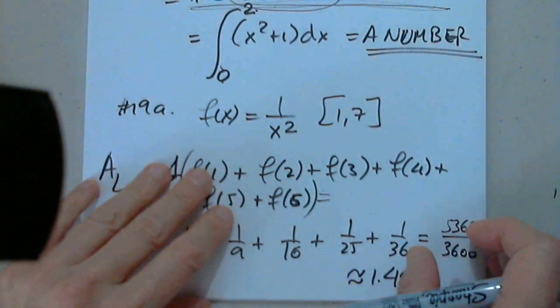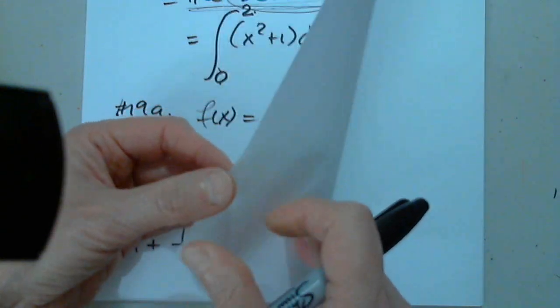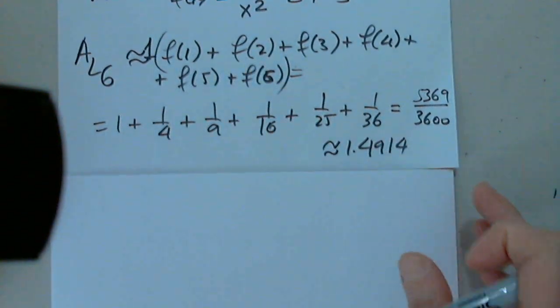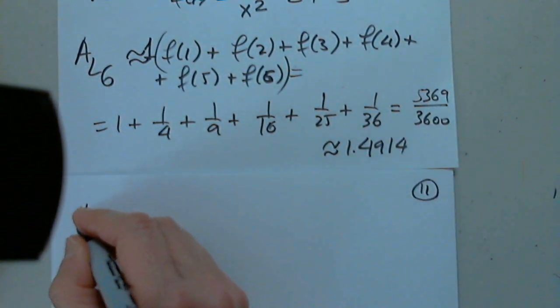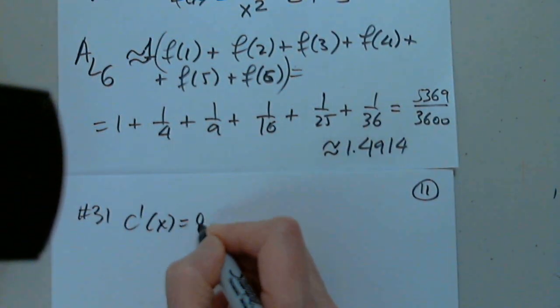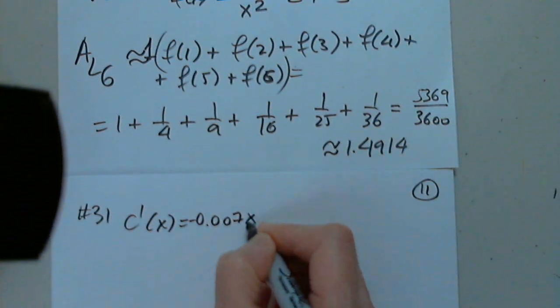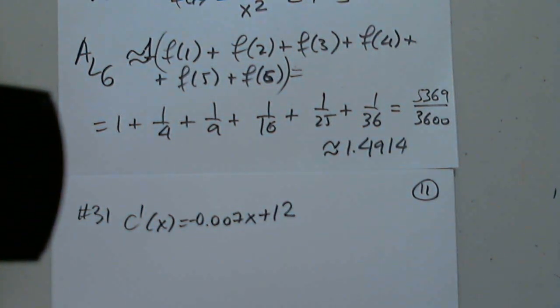So let me copy that. I'm on page 11, so 31. Okay, so we have C prime of x, negative 0.007x plus 12. Oh, I copied something else. That's fine.